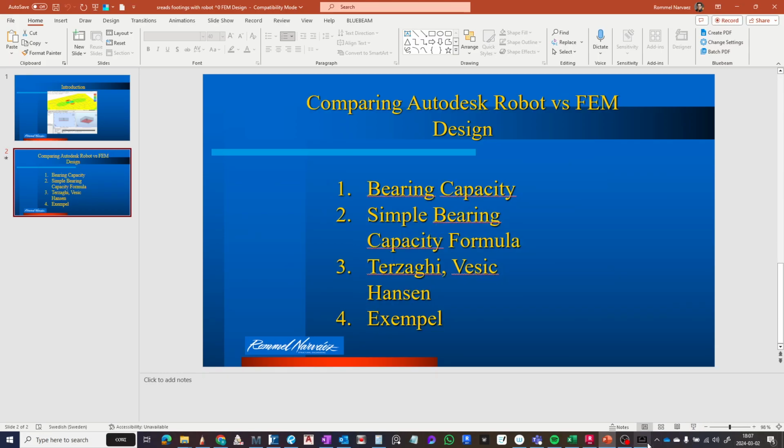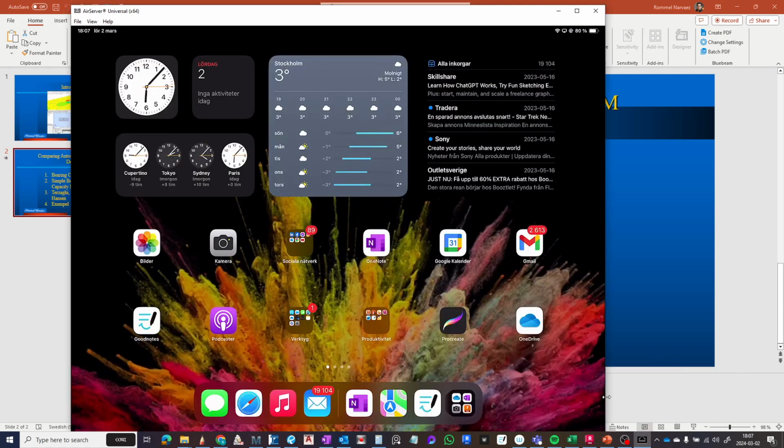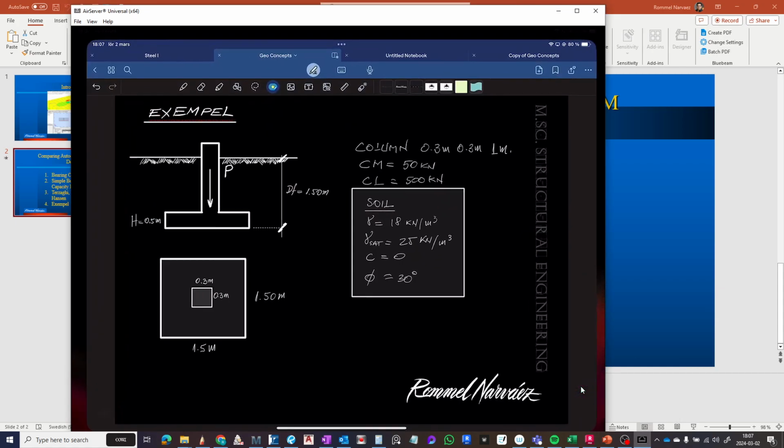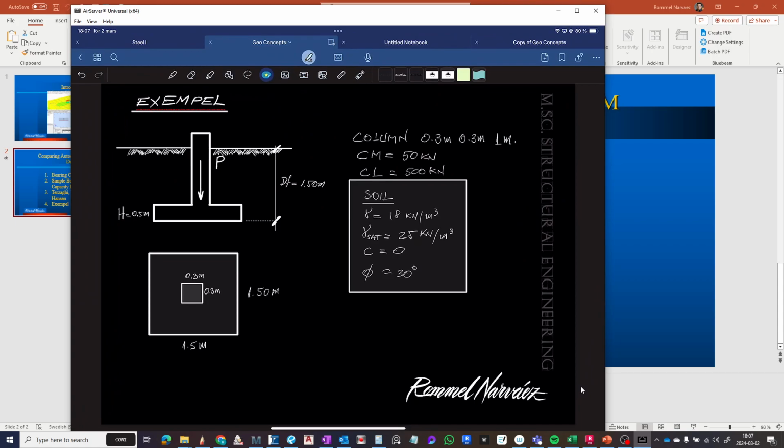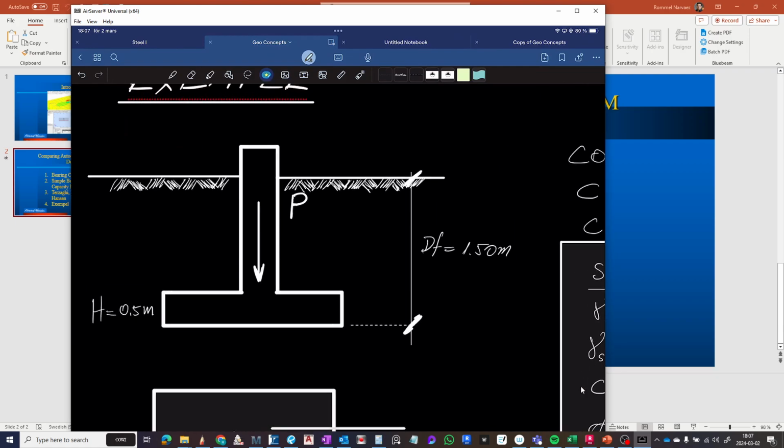Okay, I switched to my iPad to open an application here. Here's the example that I am speaking about. We have a spread footing here with an elevation at a depth of 1.50 meters.